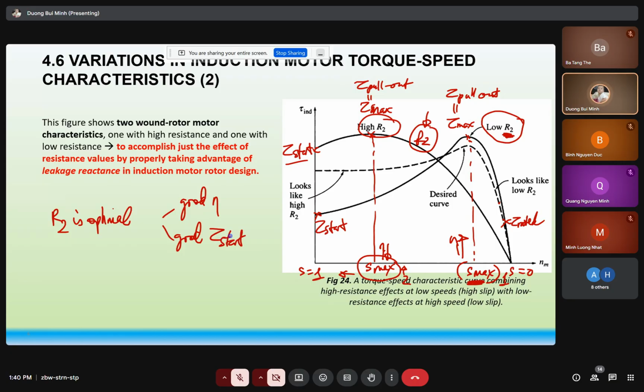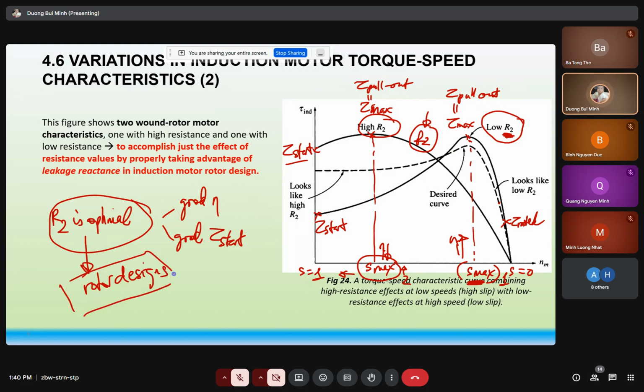So this is the idea. According to these ideas, they design many rotor structures, or we have many rotor designs. Of course, we have wound rotors and squirrel cage rotors. According to this observation, they design many kinds of rotor.